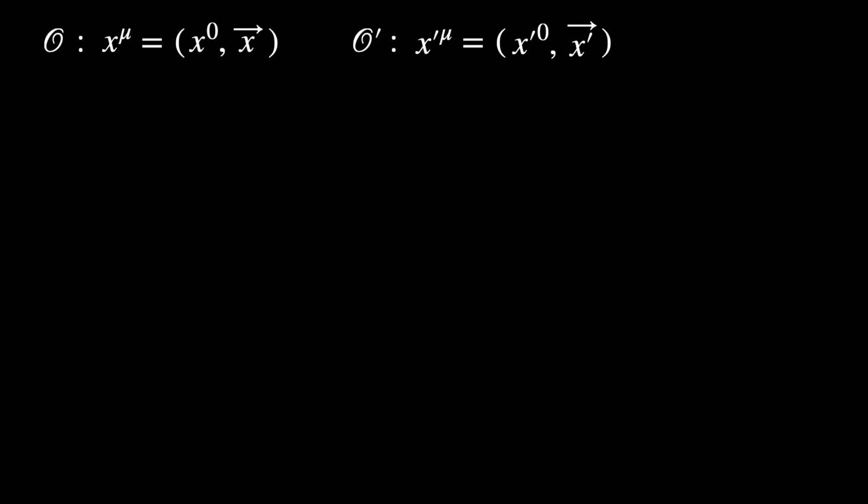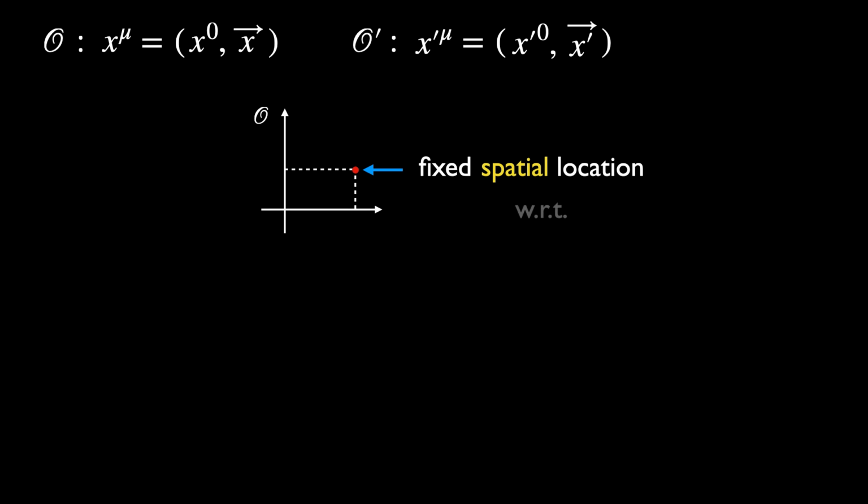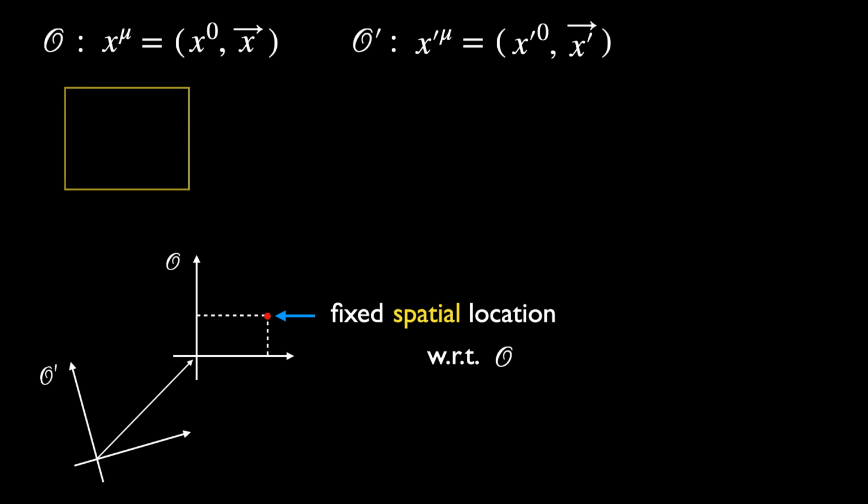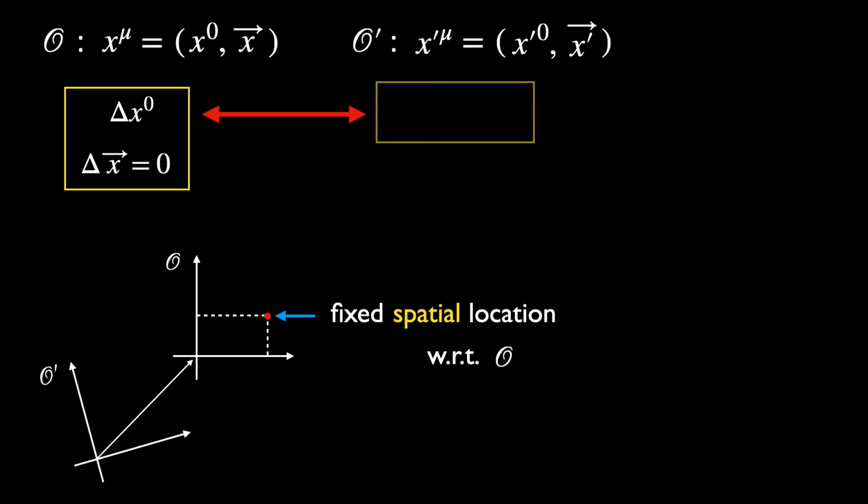First, we could relate the relative velocity between O and O prime to the components of the matrix lambda. This red dot is a fixed spatial location in the coordinate system of O, while it is moving with respect to O prime. Therefore, the red dot undergoes only displacement in time in the frame of O. This corresponds to a displacement both in space and time with respect to O prime.